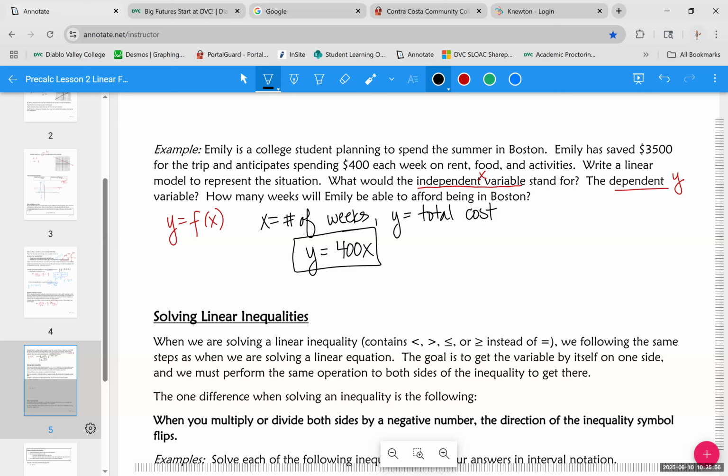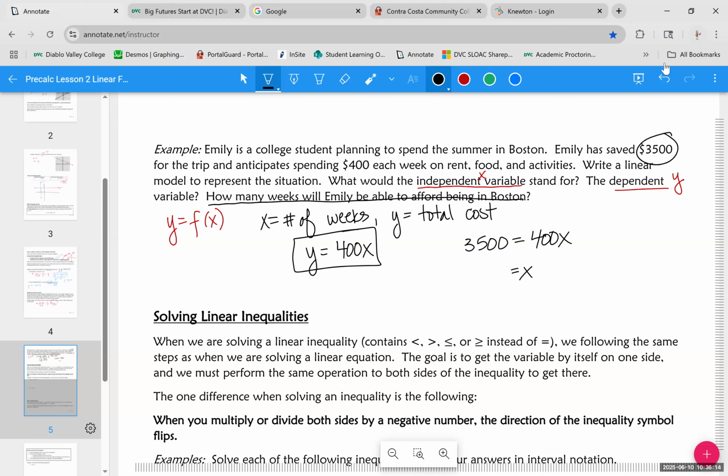And then to answer the final question, how many weeks will she be able to afford? We'll set that equal to, well, if she has $3,500, that's what her total cost is going to max out at. So $3,500 equals 400x. And what would x be in that moment?